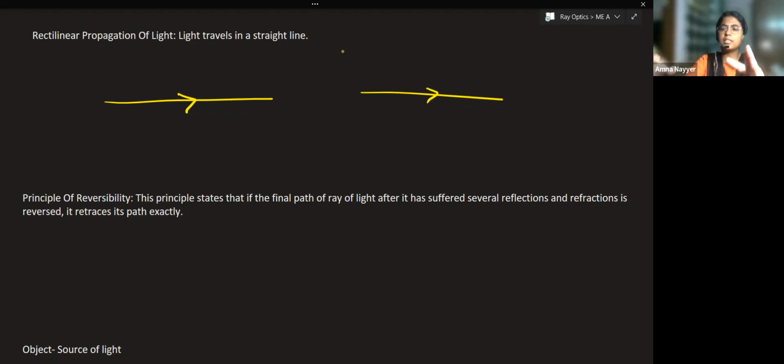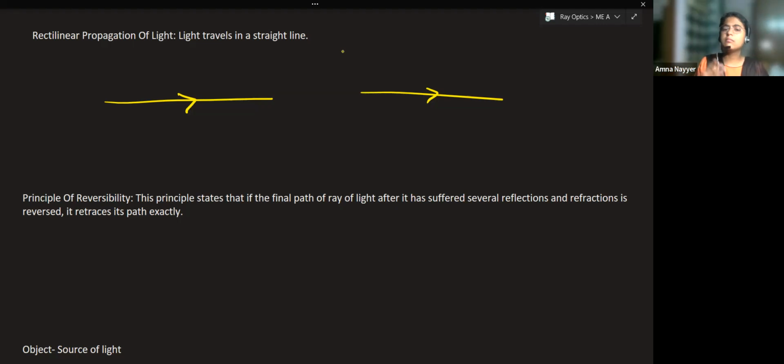Light rays have to travel in a straight line. Even if a lamp or any source is kept behind the wall, the light will travel in a straight line through the wall, and if it's an opaque wall, it will not allow the light to transmit. So that's why I'm not able to see the object.